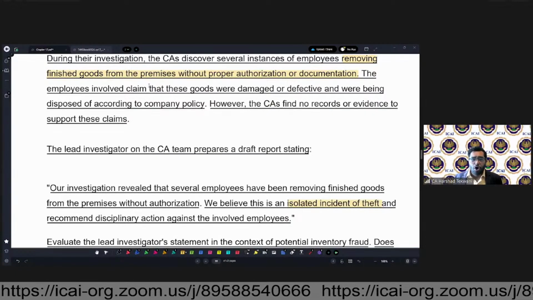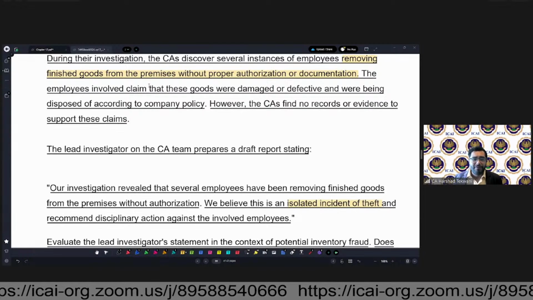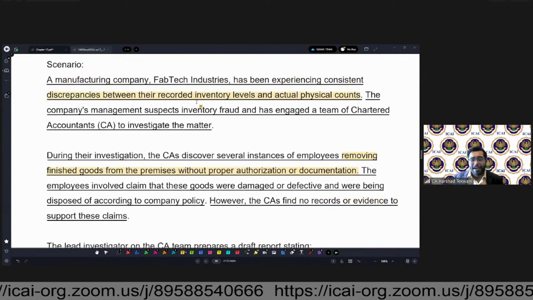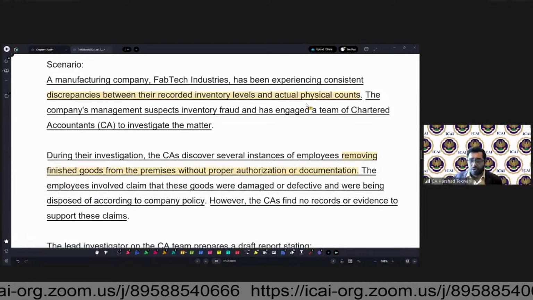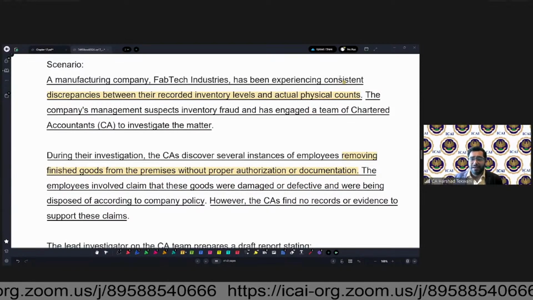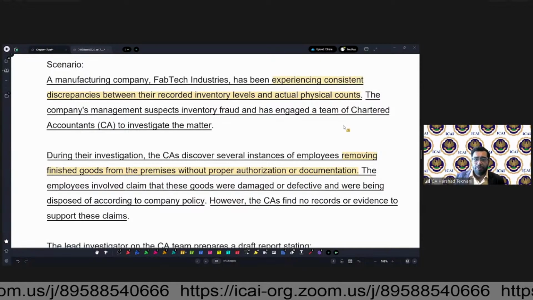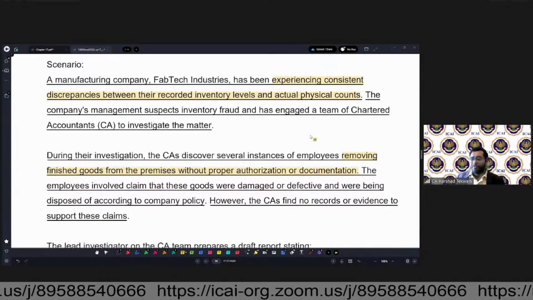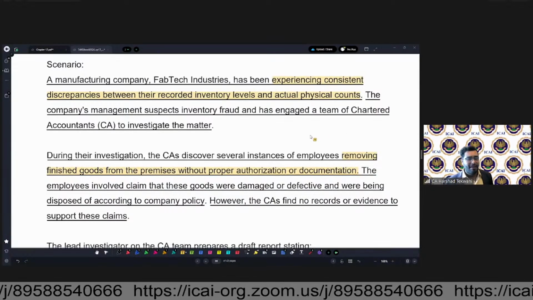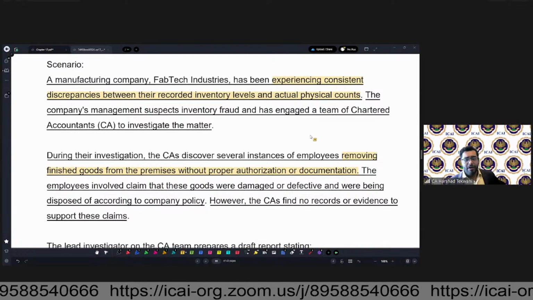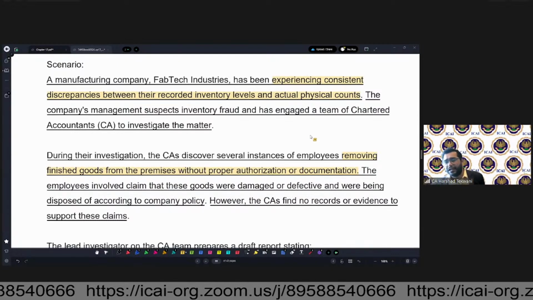There were also discrepancies between the recorded inventory levels and the actual physical count, and that has been experienced consistently by the management. So management was consistently experiencing that their recorded inventory levels were different from the actual physical count.